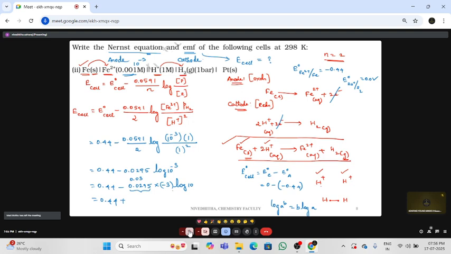So you have to multiply these two values and add with 0.44.